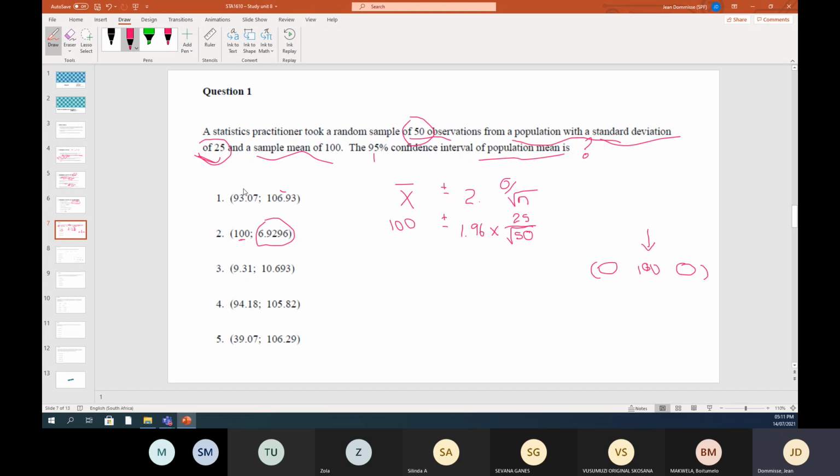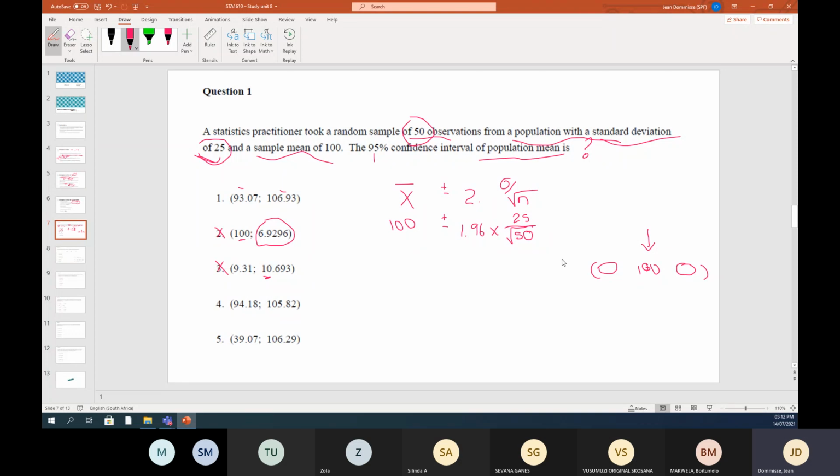That one is less than 100, so it is definitely not one of the answers. This one should be more than 100, not the answer. This one could be an answer, because that is more than 100 and that is less than 100. So we have already nearly eliminated two of the options, because with a confidence interval, your mean is in the middle of the two.